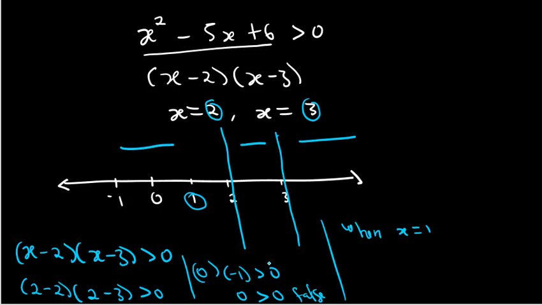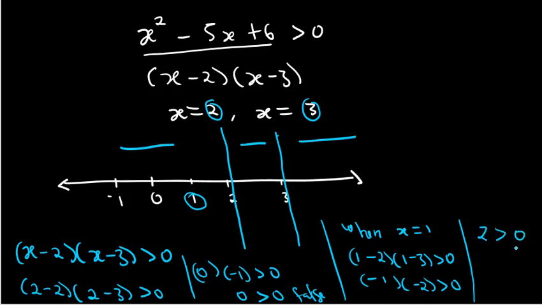So we are going to have 1 minus 2, and 1 minus 3 being greater than 0. 1 minus 2 is going to give us negative 1 times 1 minus 3, and that is going to give us negative 2, being greater than 0. So from what we are having here, negative 1 times negative 2 is going to give us positive 2. So we have 2 being greater than 0.